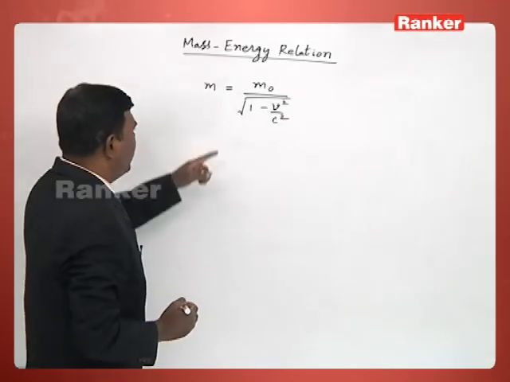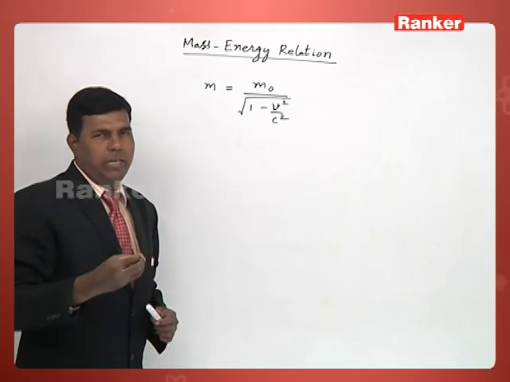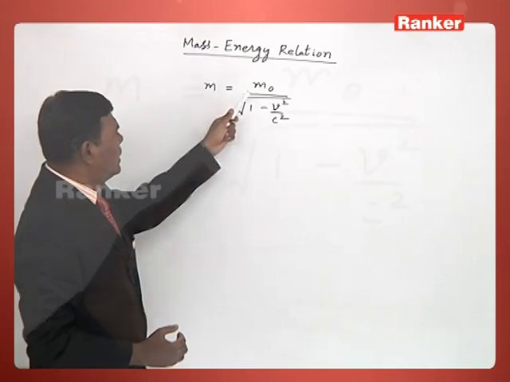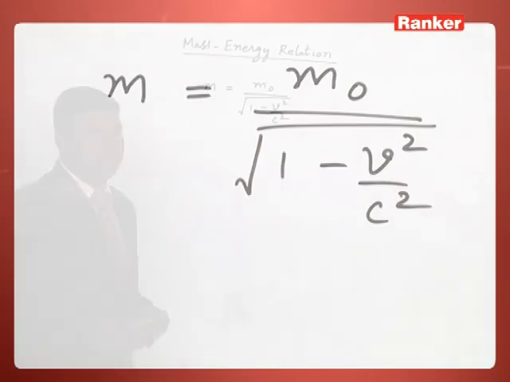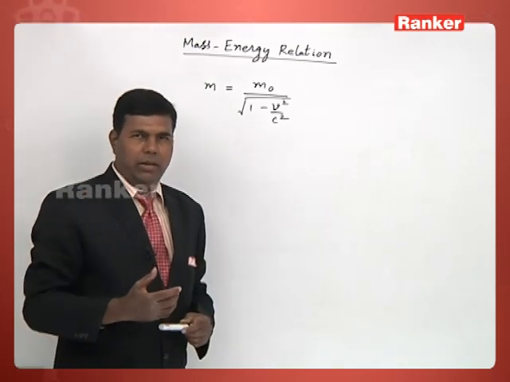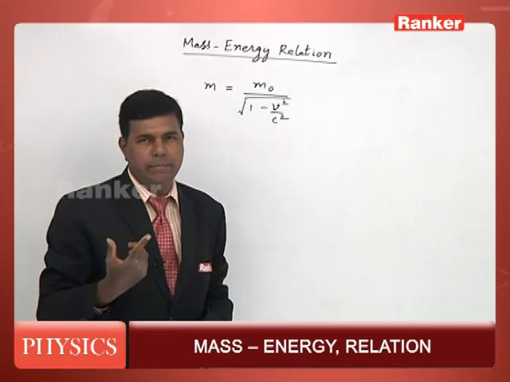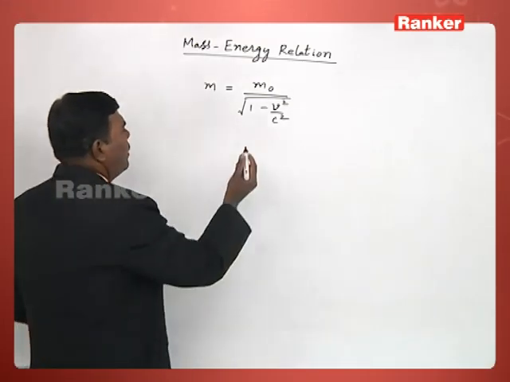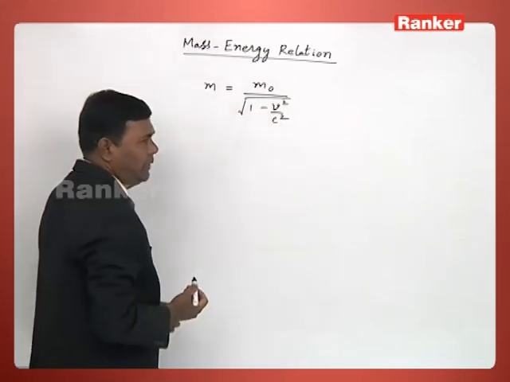In this expression, m naught stands for the rest mass of a particle, that is, when the body is at rest, its mass is taken as the rest mass, given by m naught. m is the relativistic mass, in the sense that if the body is moving with a high velocity, then its mass actually increases. That relationship is given by this equation. Here, v stands for the velocity of the particle and c is the velocity of light.